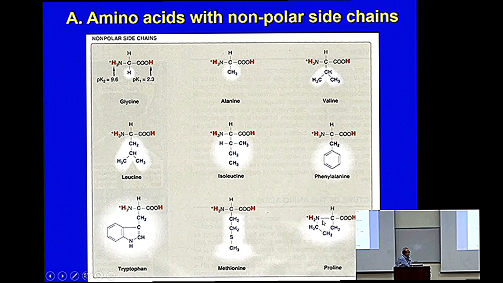Here it has 1 and 2. So it's an imino group, and that's really the exception that I mentioned earlier: all amino acids will have an amino and a carboxy end, with the exception of proline, which will have an imino end and a carboxy end.